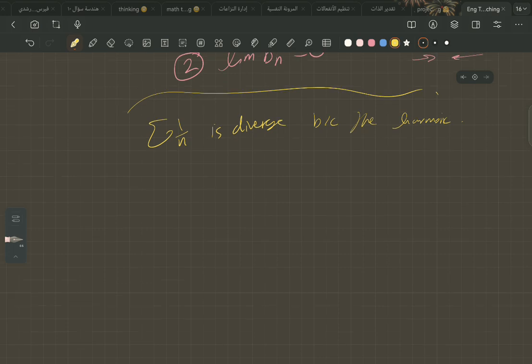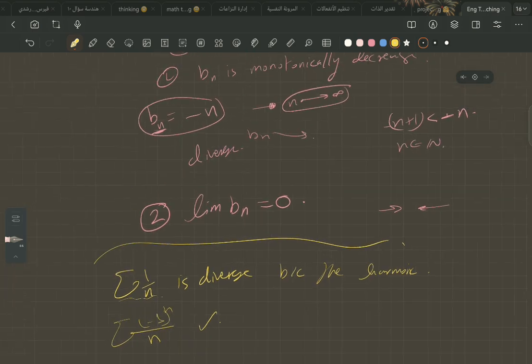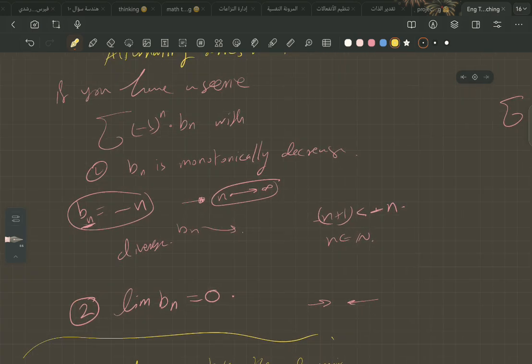It is a very famous series in physics, I guess. But if we multiply it by (-1)^n, then it will converge. But why? Since we use the alternating series test, which has two conditions on the b sub n.